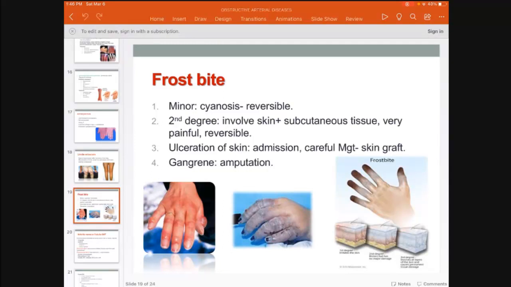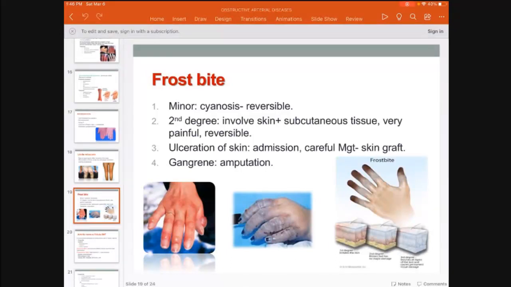It will be very painful, but fortunately it is also reversible to normal by warmth, and you can give a calcium channel antagonist and vasodilators. It will relieve the problem.